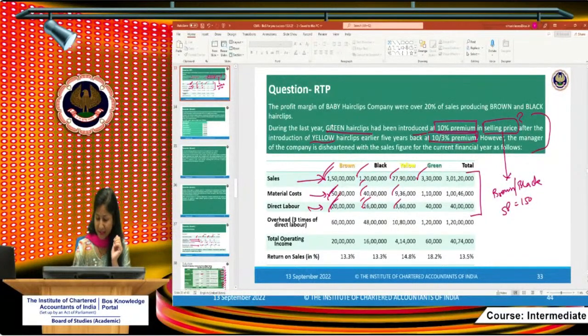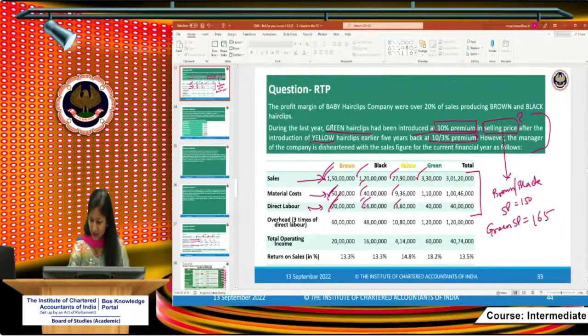In that case, green clips selling price would be, what is the premium? 10%. 150 plus 10%. Green color selling price would be 165. Okay.